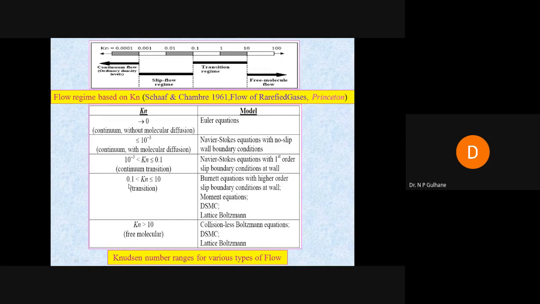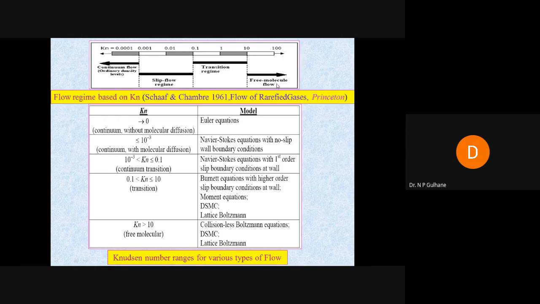When the Knudsen number lies between 0.1 and 10, this is called the transition regime. Here we can apply the Burnett equation with higher order slip boundary condition at the wall, the moment equation, DSMC, Monte Carlo, or the Lattice-Boltzmann equation. And a Knudsen number higher than 10 is called free molecular flow.